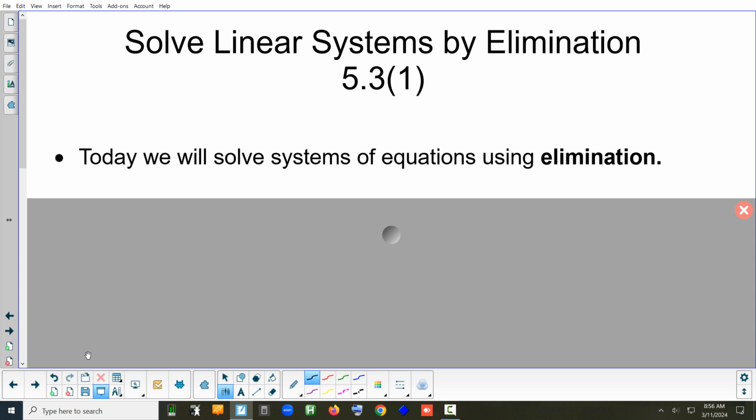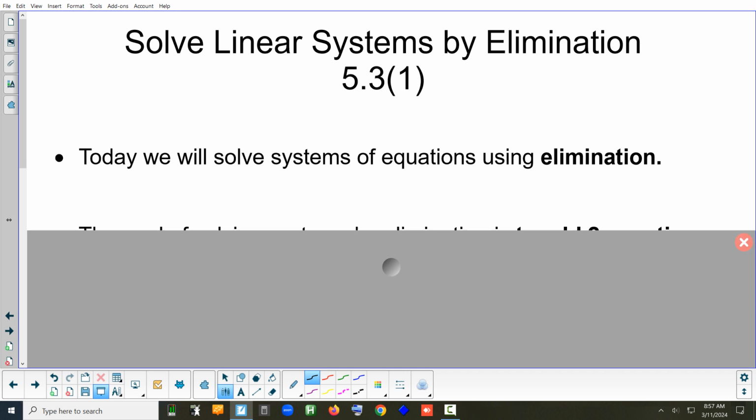Substitution is okay when they get more complicated, but it can get kind of lengthy. Elimination is a nice way that basically organizes your steps. No matter how many variables you have, it can take longer, but at least your steps are really, really organized. So that's what elimination will help you to do: really organize how you solve the problem.